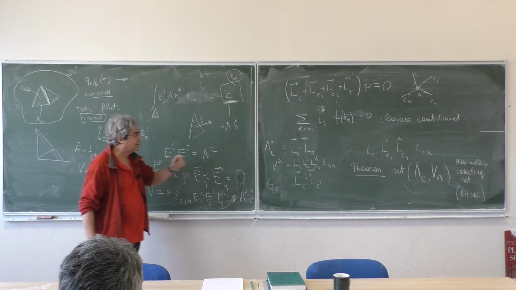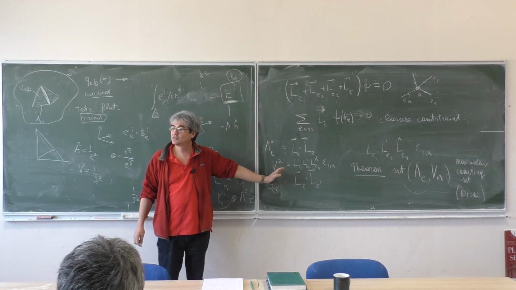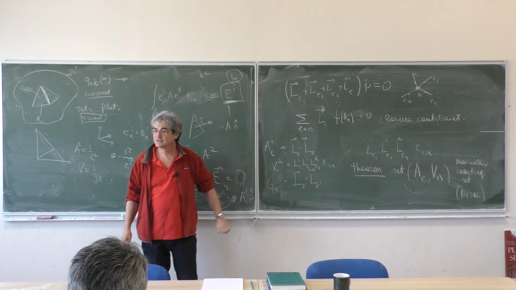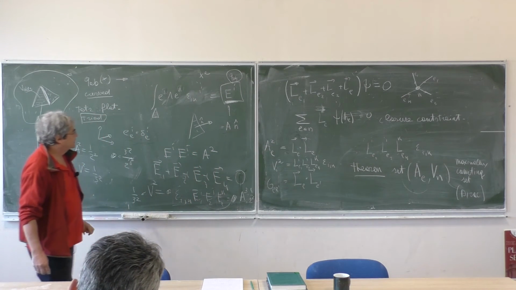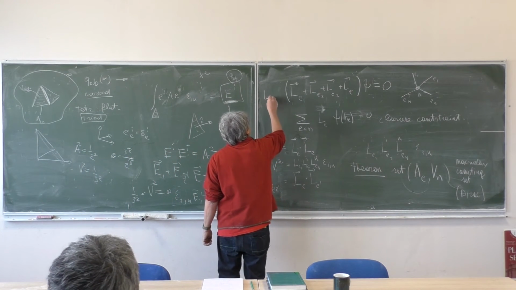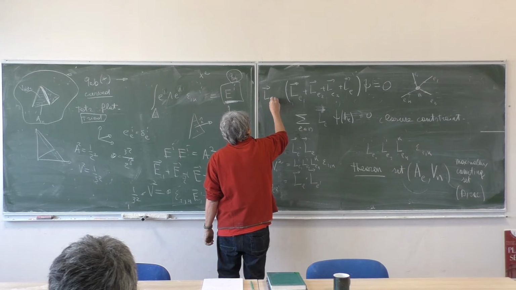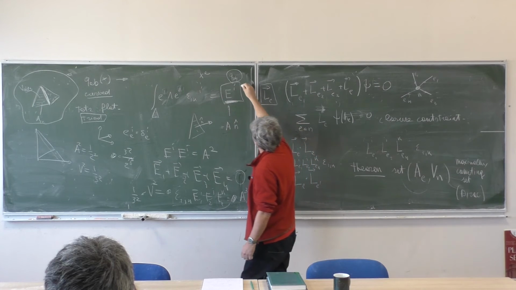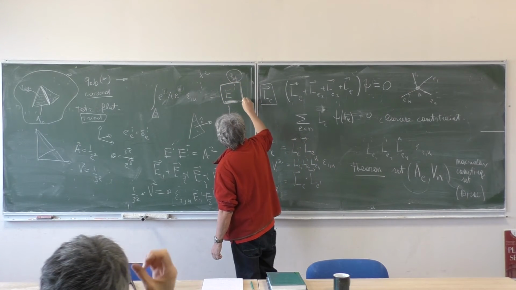Well, it does resemble enormously the operators that we have constructed here, right? And in fact, this operator L here, associated to links, remember, the links are dual to triangles, these are exactly the quantization of this quantity here.